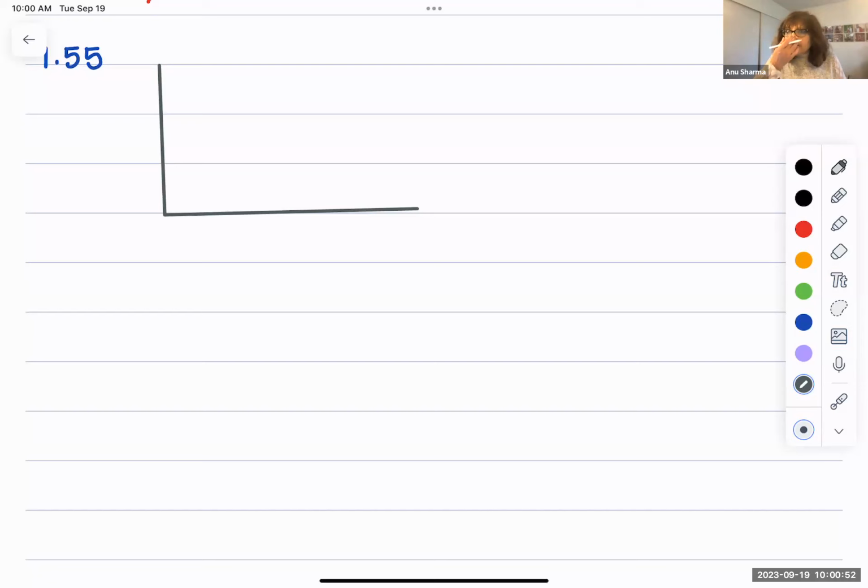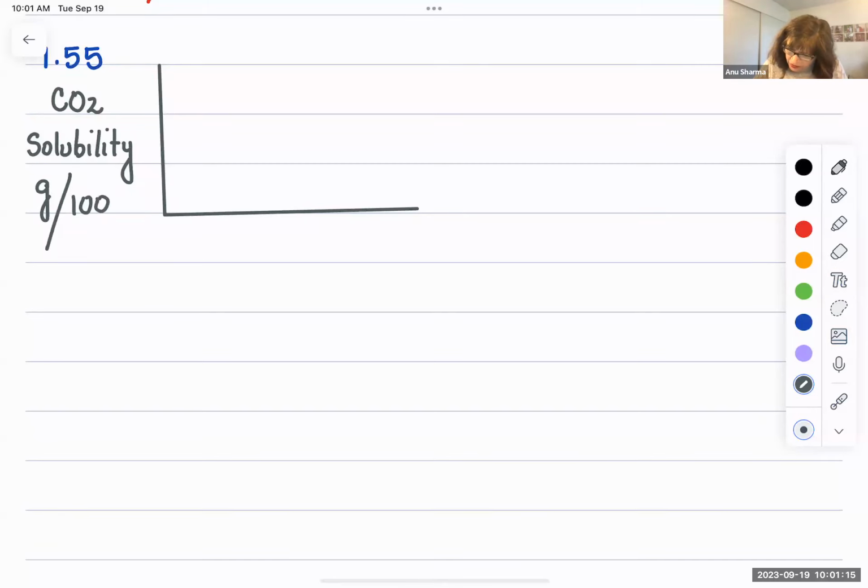Okay. Now here they have given solubility. So solubility is how much of a substance is going to dissolve in a certain liquid and so forth. So the solubility, grams of carbon dioxide, we are talking about CO2, grams of solubility in 100 grams of water.